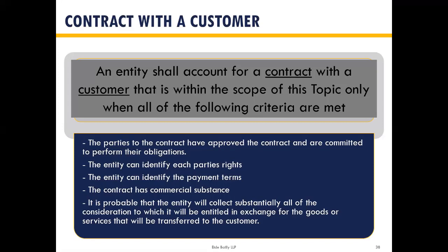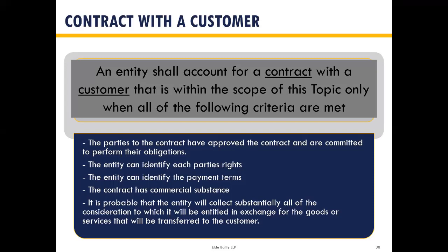Again, straight from the standard, here is what is considered to be a contract. The parties to the contract have both approved the contract and are committed to performing their obligations. The entity can identify each party's rights and the payment terms.